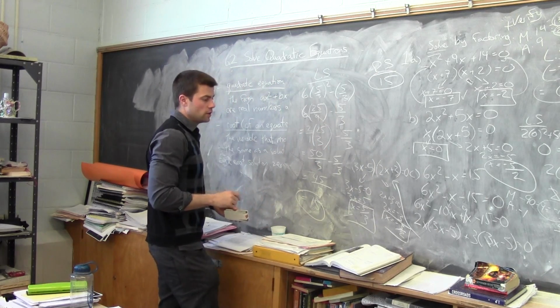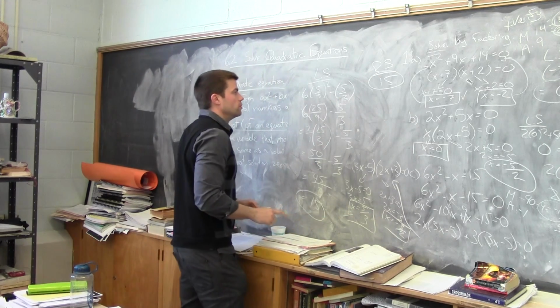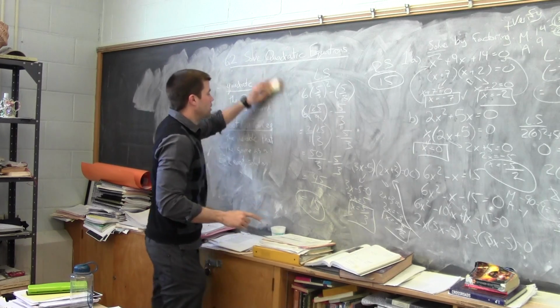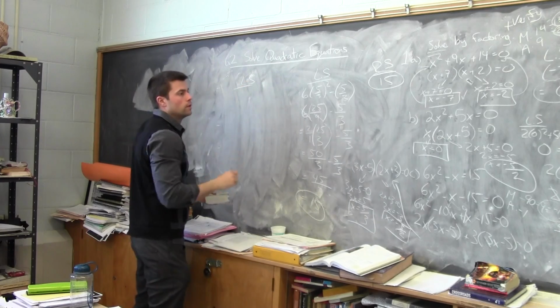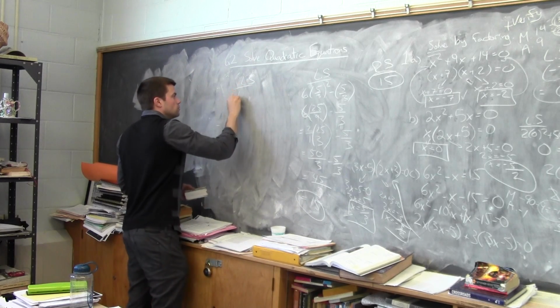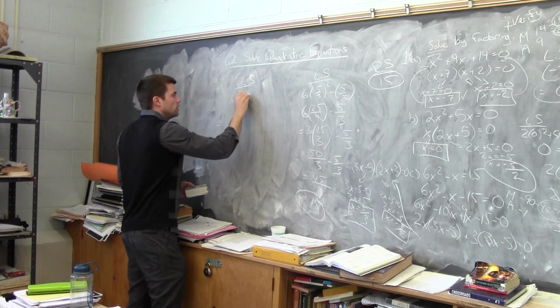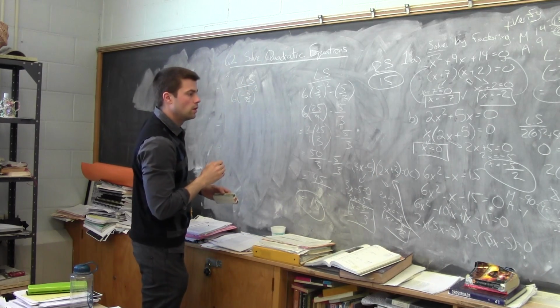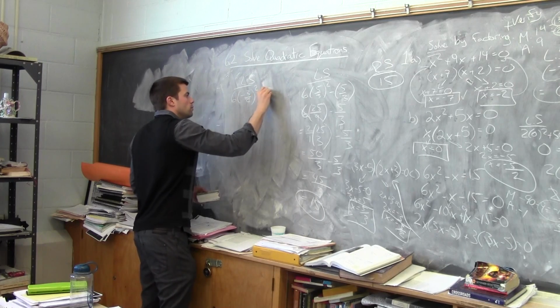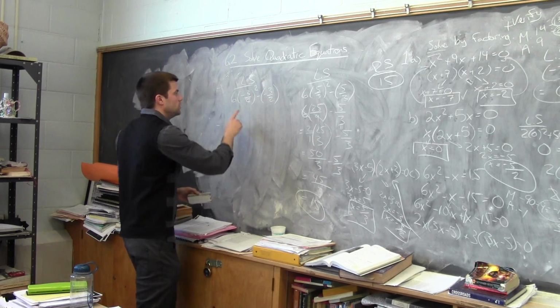So that works. Now I want to check negative 3/2. So I'm going to plug that into the left-hand side. So left-hand side here. Again, we have 6x squared, so 6 negative 3/2 squared minus negative 3/2. And I want to see if this is 15.